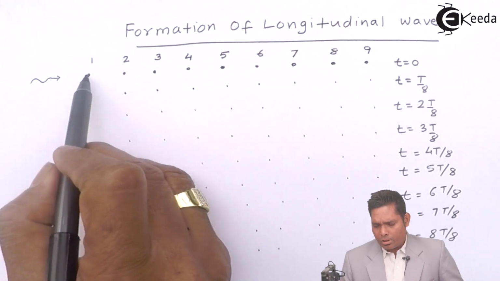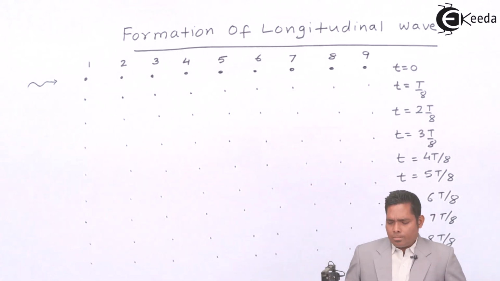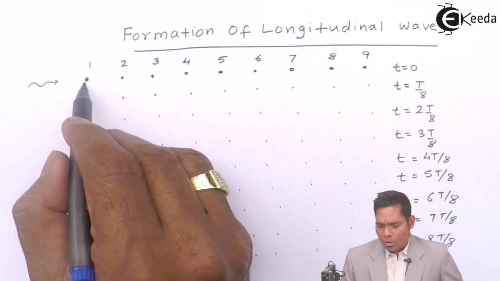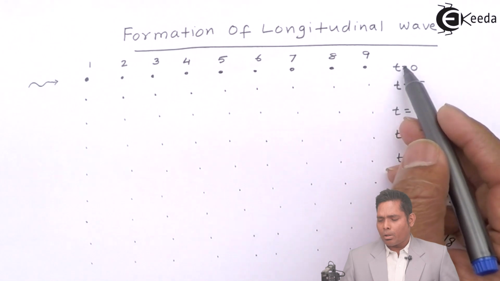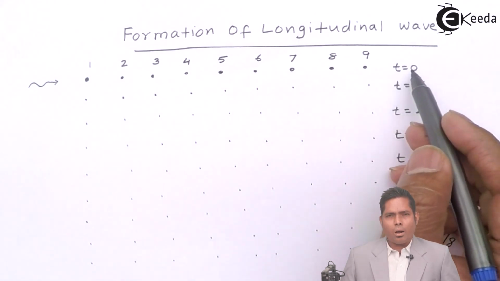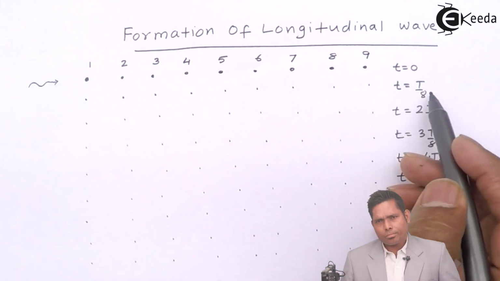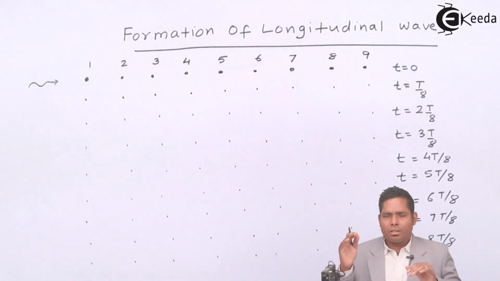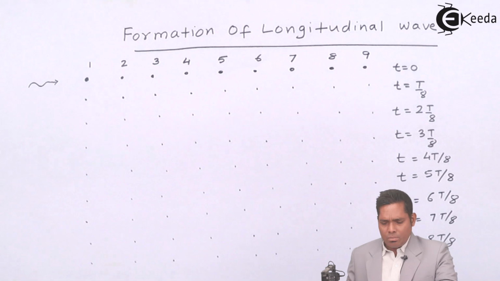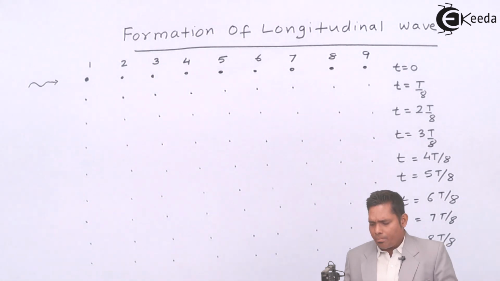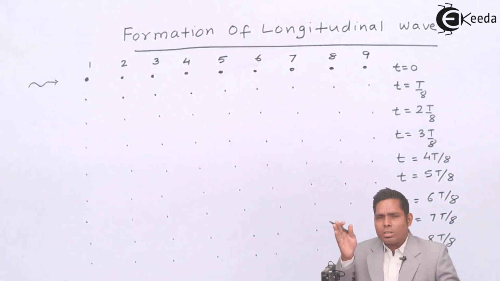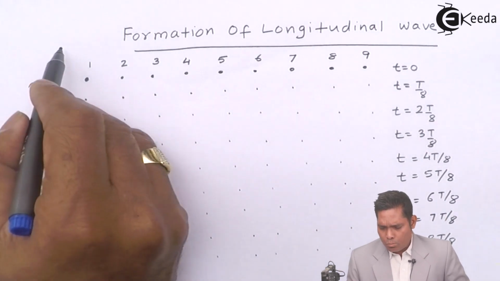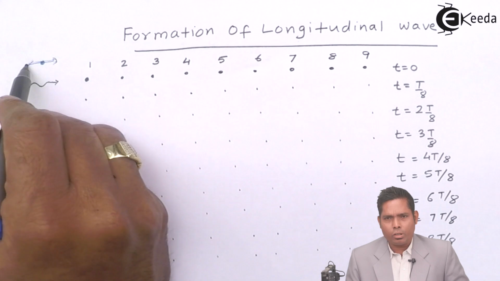When this particle receives the oscillation, it is here obviously, and it will not shift to any position because it is about to start its oscillation. So after time T by 8, meaning if I divide the time of oscillation into 8 equal parts, in T by 8 time it will move towards the right, in the forward direction, because it has to move to and fro.